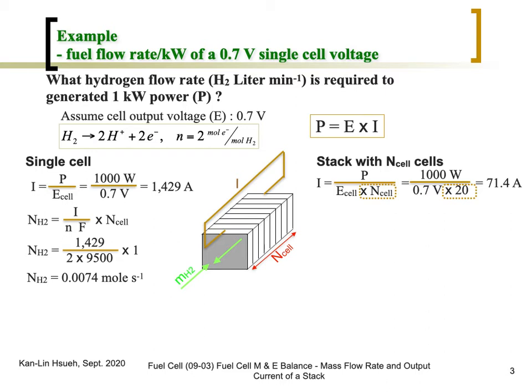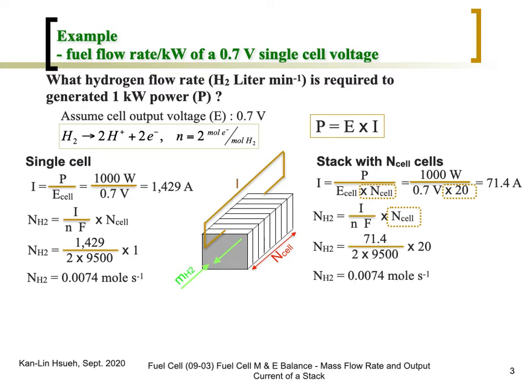The output current will be 71.4 amps. The hydrogen molar flow rate required, using the same equation, ends up with a similar number as for a single cell. You can see that the volumetric flow rate for a single cell and for a stack will be the same.